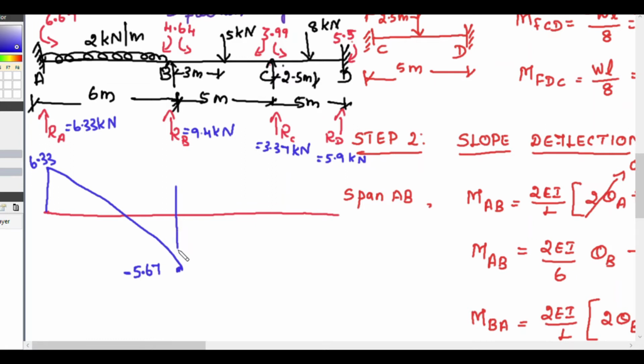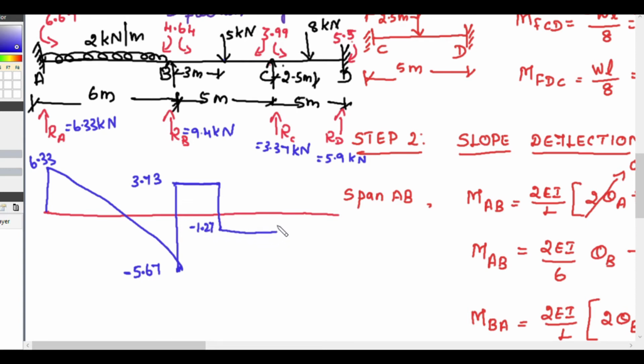So it is a plus 3.73. Then up to this point, we do not have any load. So it is a straight line. Then it is 3.73 minus 5. We have a 5 kilonewton concentrated load. So 3.73 minus 5, it is minus 1.27. Then up to C, we do not have any loads.